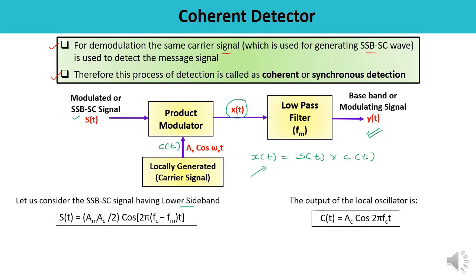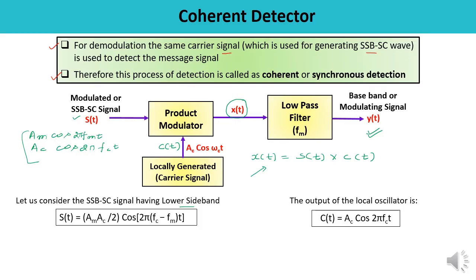If the modulating signal is represented as Am cos(2 pi fm t) and the carrier signal is Ac cos(2 pi fc t), multiply them and you will get two terms. One will give you the addition fc plus fm, that will represent the upper sideband, and the other will give you the representation of the lower sideband.